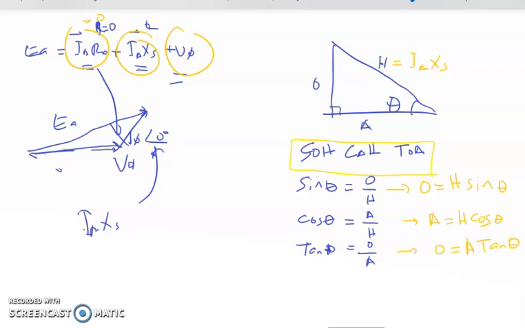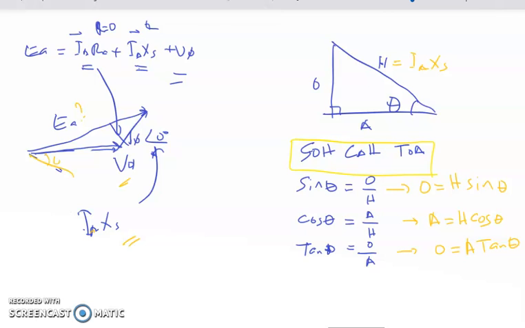Okay, then how do we calculate this magnitude? We have the magnitude of V phase and the magnitude of our IAXS here. This is obtained by the trigonometry concept.